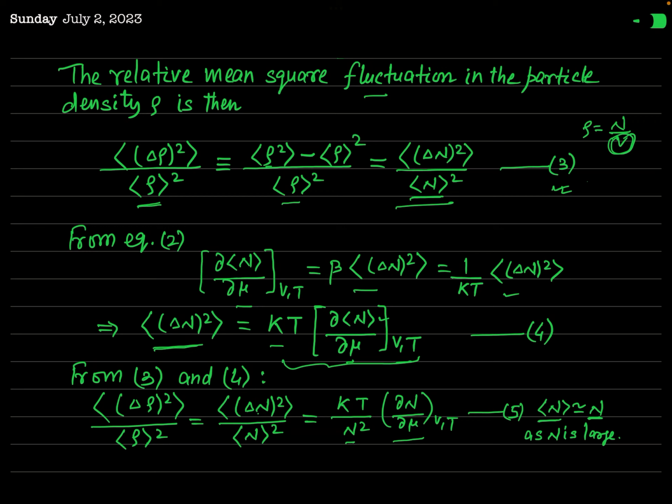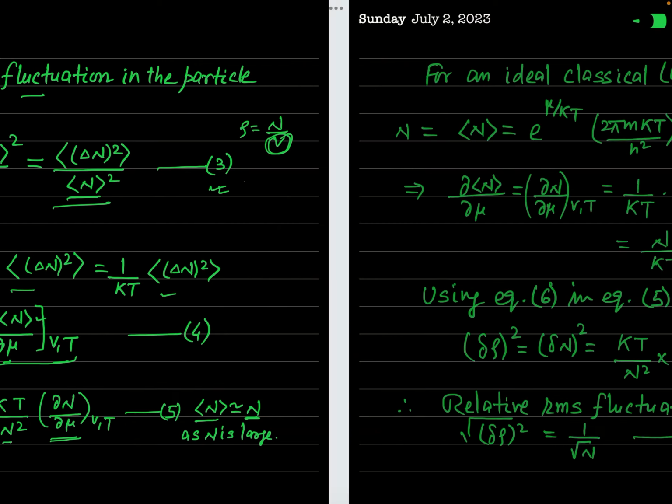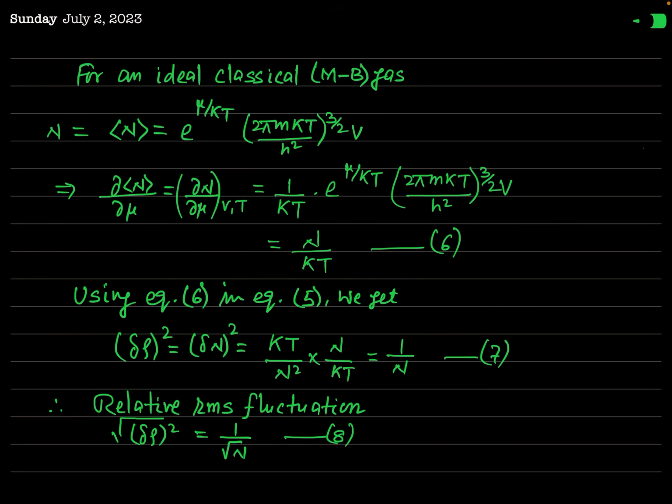Now we will see what will actually be the value of this del n by del mu at constant v and t. And for this you have to think about what you have learnt earlier.